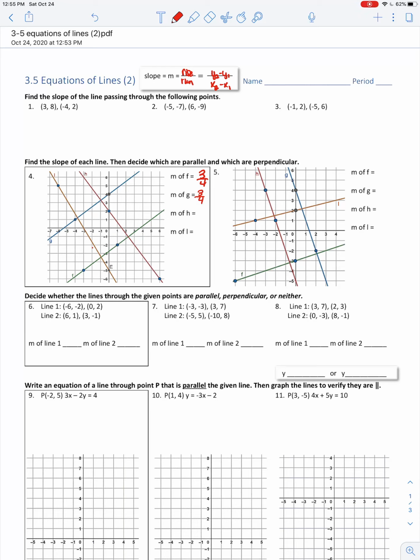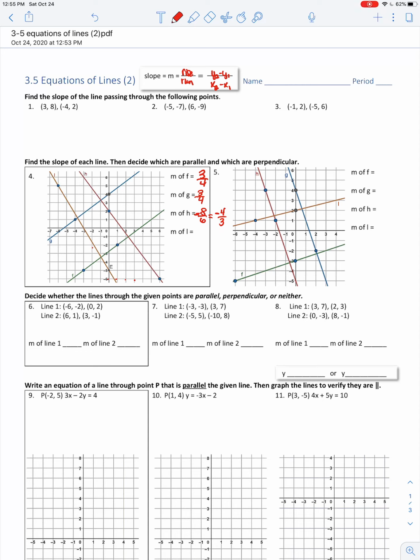The red line H is falling 1, 2, 3, 4, 5, 6, 7, 8, and then running 1, 2, 3, 4, 5, 6. So it is falling 8/6, which simplifies to -4/3.